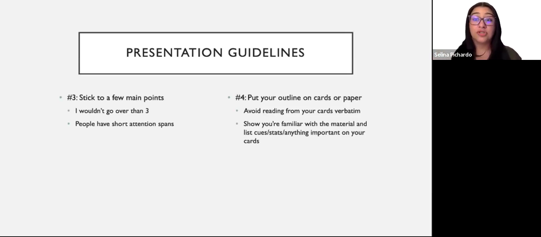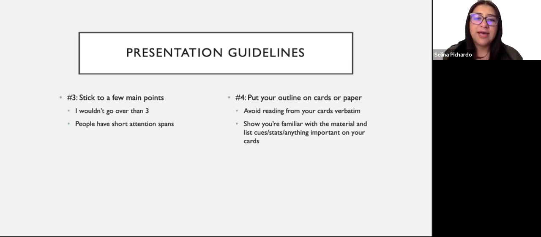However, it is helpful to put an outline, whether that's reminding yourself, okay, intro, okay, body, okay, conclusion, and a couple of bullet points for each section. Maybe you need to memorize a stat, or in your intro you're going to ask them a rhetorical question, so write down the rhetorical question so you don't forget.